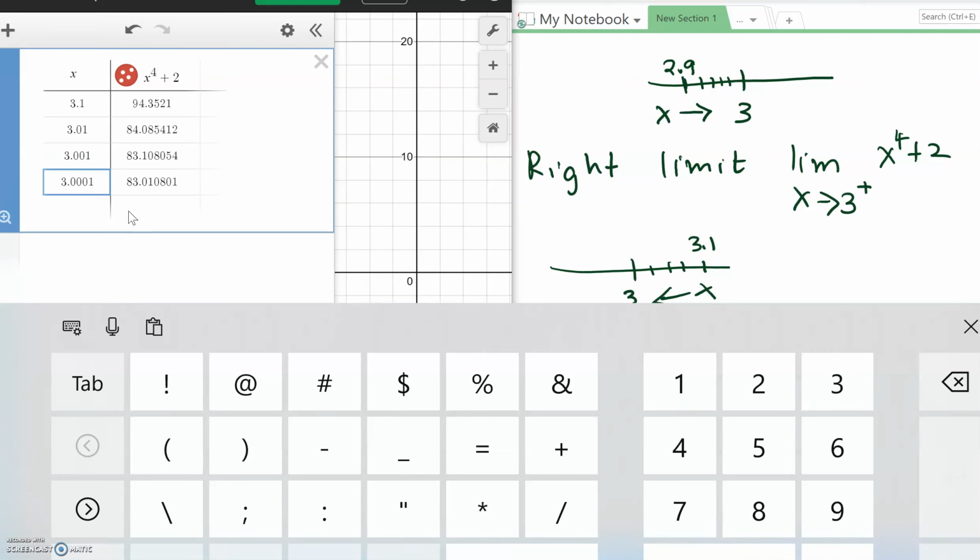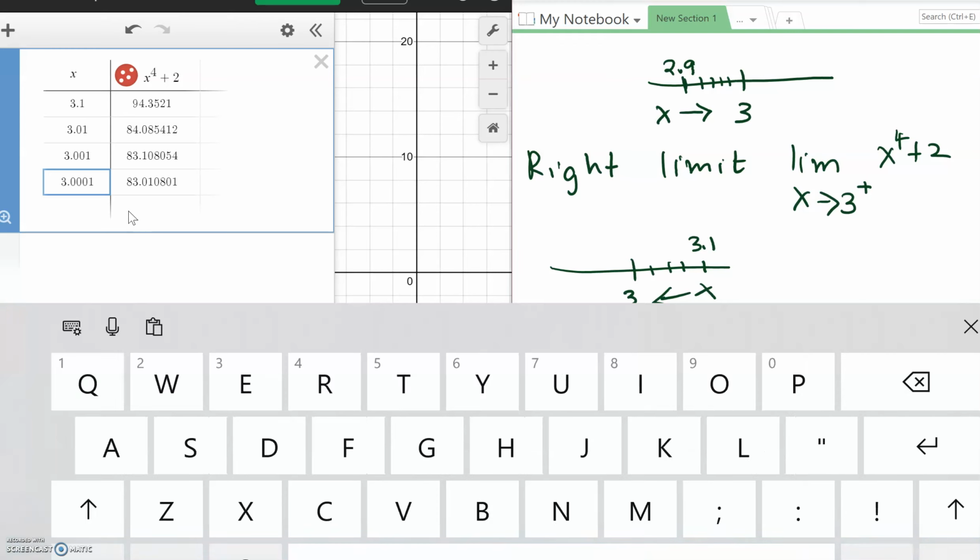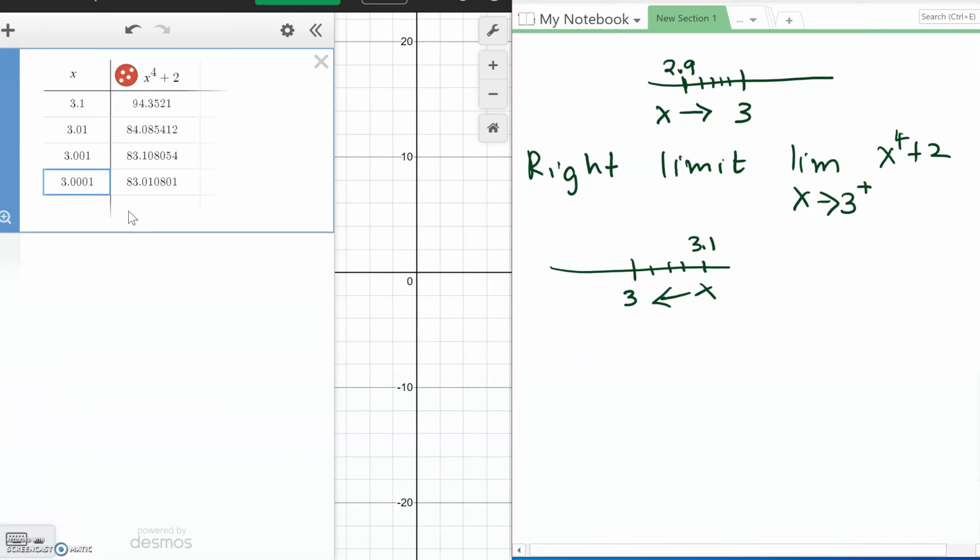We can see that it's moving closer to 83. As we get closer and closer to 3 from the right side, the y value becomes closer to 83. So the limit here is 83.